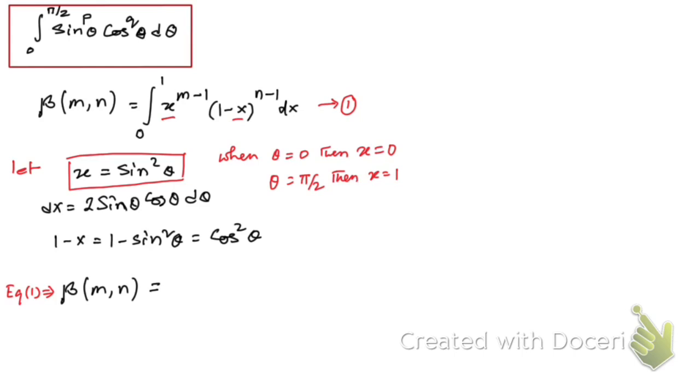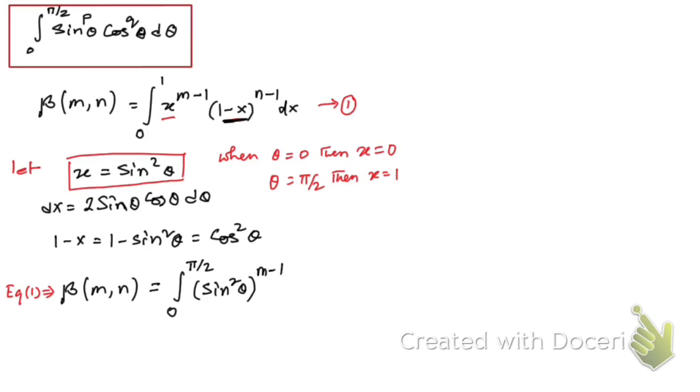So integration from 0 to pi by 2, and instead of x we write sine square theta. So here we have x to the power m minus 1, not n, m minus 1.